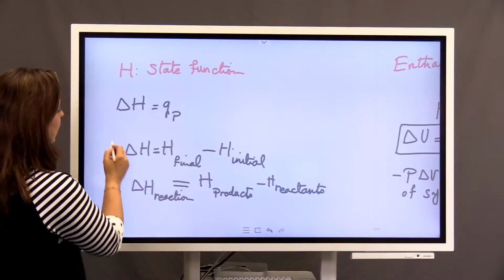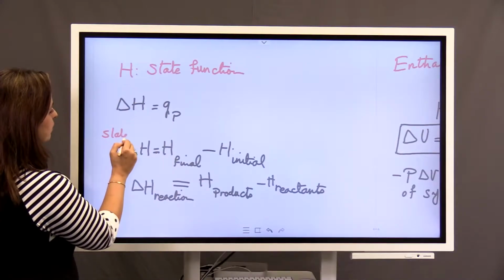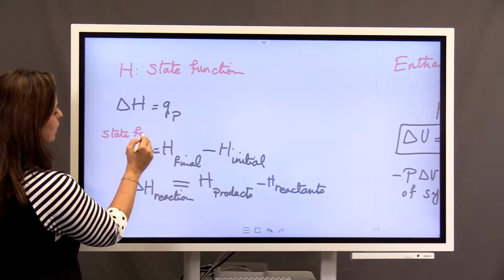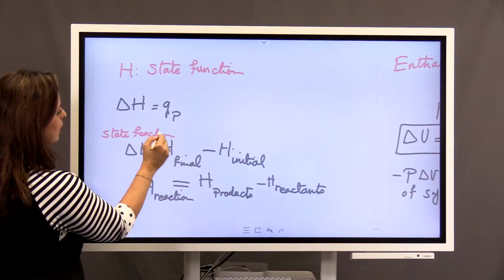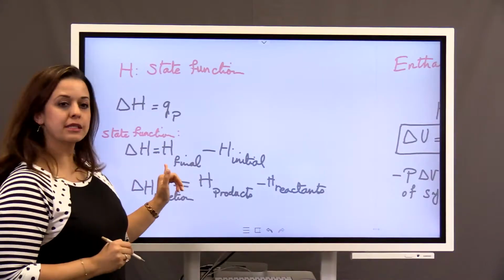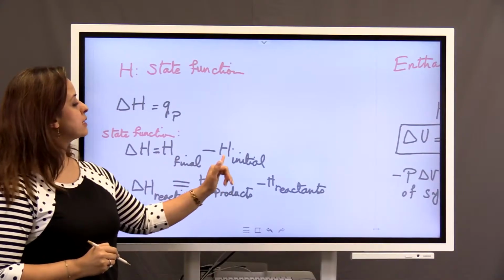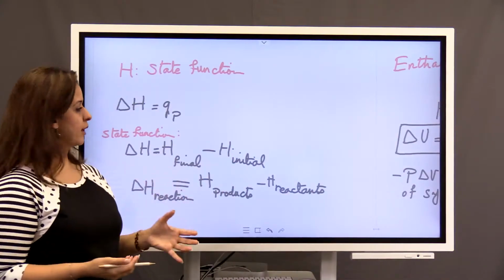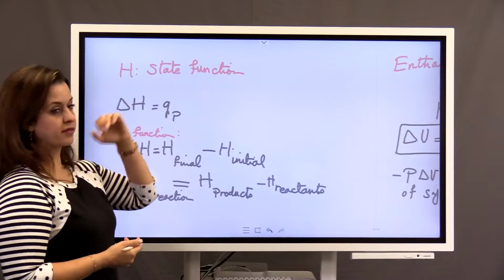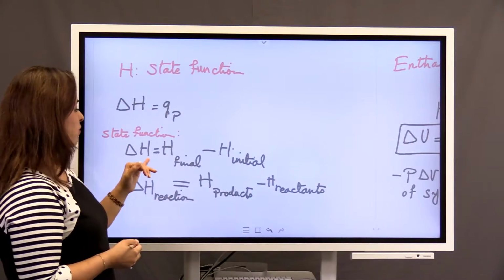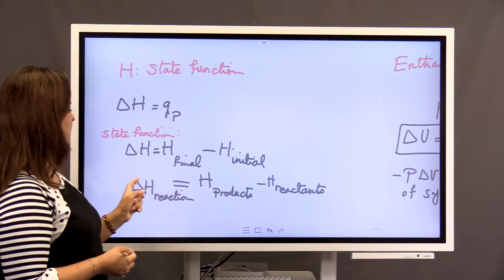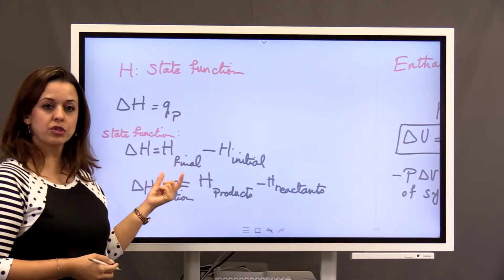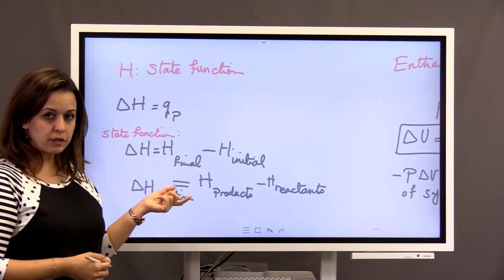So because H is a state function, delta H is final H minus initial H. That's the concept of state function. For a chemical reaction, delta H of reaction, what is the final position? Isn't it the products?